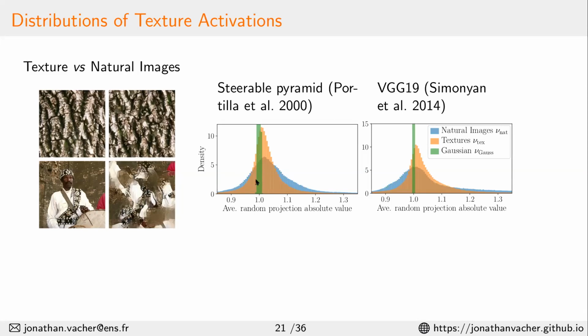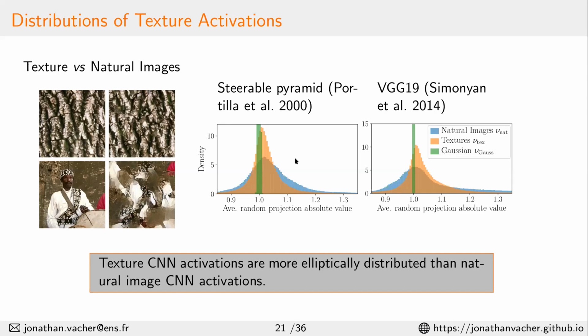If you are Gaussian, you are really elliptic, so the distribution is very narrow. The narrower the distribution, the more elliptical you are. For natural images, you are broader than texture. And so this led me to conclude that texture activations are more elliptically distributed than natural images.